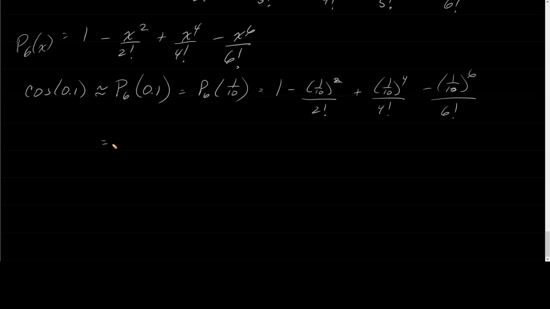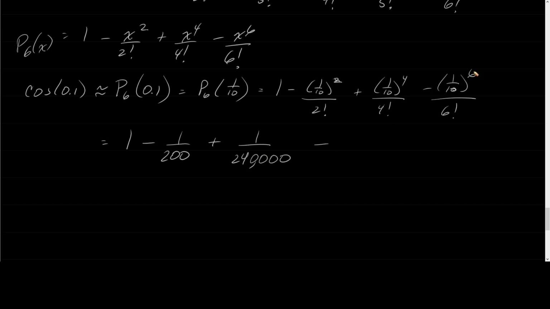And well, let's see what we get. 1/10 squared is 1/100th. So I have 1 over 100 and then over 2 factorial. 2 factorial is just 2. So 1 over 100 divided by 2 is 1 over 200. Plus 1/10 to the 4th. Well, that's going to have 4 zeros, so 1 over 10,000 over 4 factorial. 4 factorial was 24.